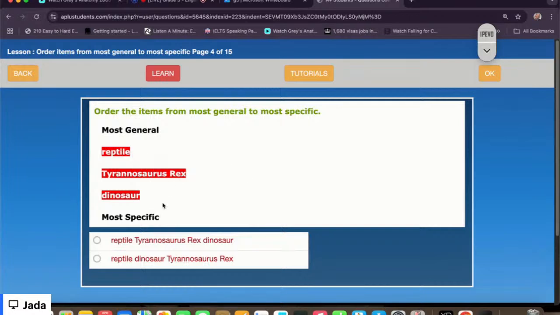So, Reptile. All right, so we have Reptile, T Rex, and Dinosaur. What is the right order for this?